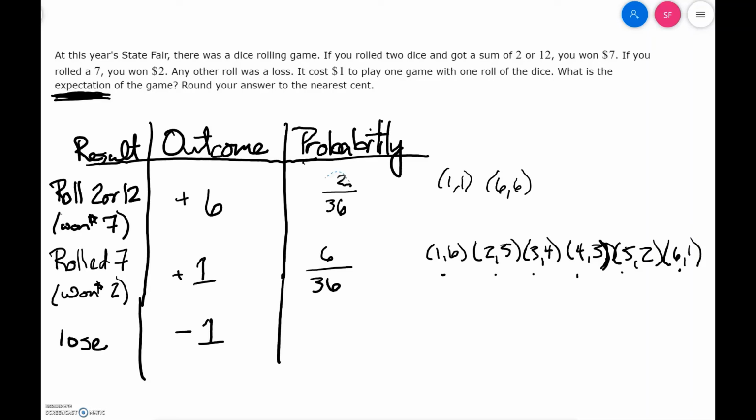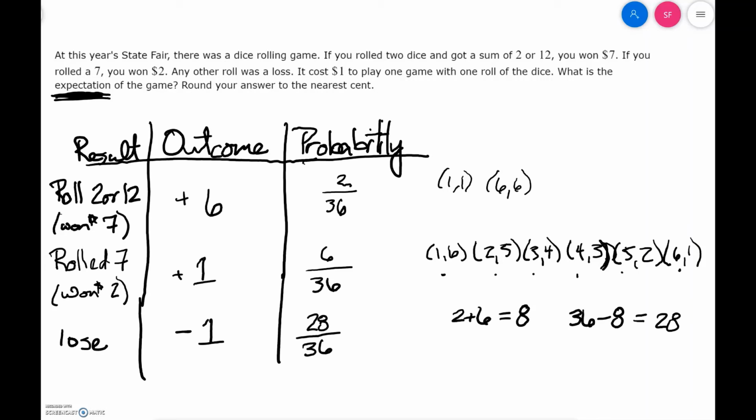Or we can add the 2 and the 6 together and subtract it from our total amount of 36. I think that's what I'm going to do. So the 2 plus 6 is 8. And then because I know there's 36 total, if I subtract out the 8 that are not losing, that gives me 28. So that means that my probability is 28 different rolls out of the 36.